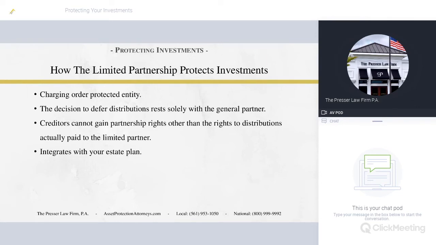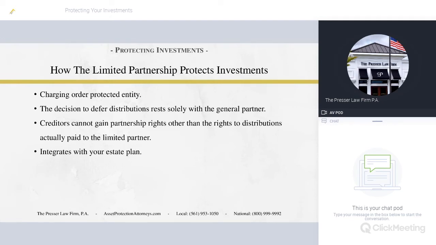And lastly, with the limited partnership, another thing we can do with the estate plan, and people don't realize it's a benefit of having your estate plan hooked up with your limited partnership, is that once your children or a trust for the benefit of your children own a limited partnership interest, it's a way of getting more money to that trust or to those children through the limited partnership without it being a gift, because the ownership interest might entitle them to a distribution.